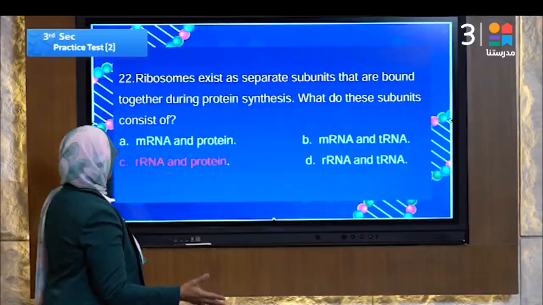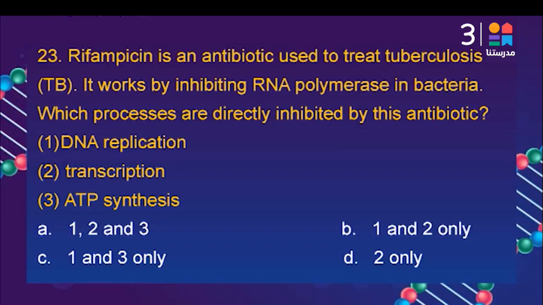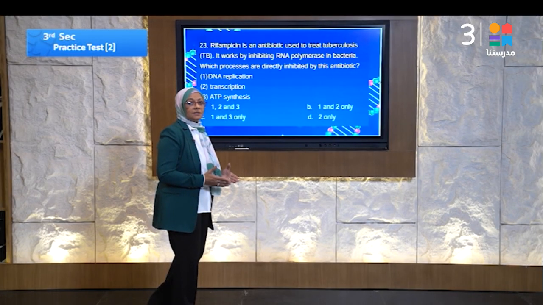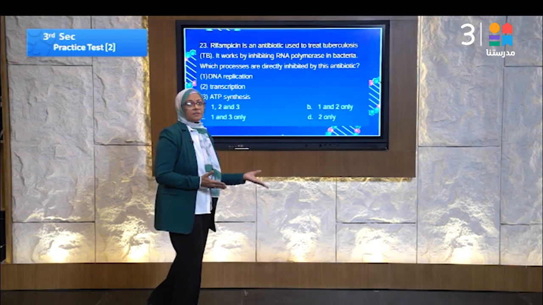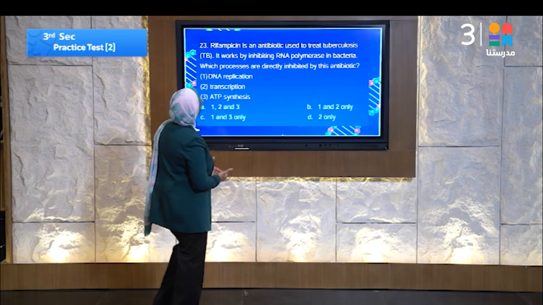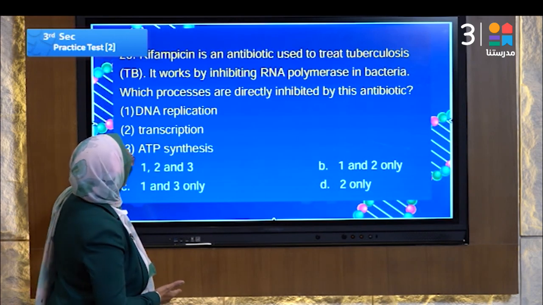Let's go to 23. Rifampicin? What? Rifampicin is an antibiotic. Antibiotic means a poison made by some bacteria to kill other bacteria. Rifampicin is an antibiotic used to treat tuberculosis, TB.